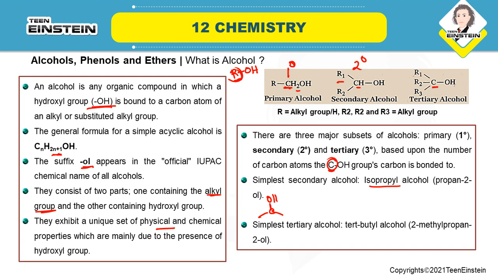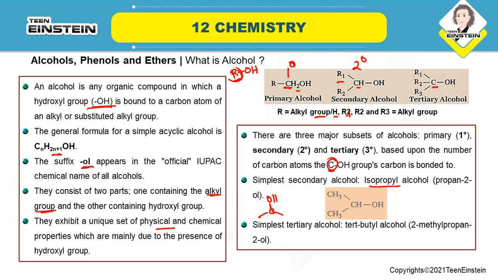Here R is an alkyl group, or it may be hydrogen also. In that case it is not even a primary alcohol, it is the simplest example of alcohol, the first member, methanol, CH3OH, and R1, R2, R3 are all alkyl groups.